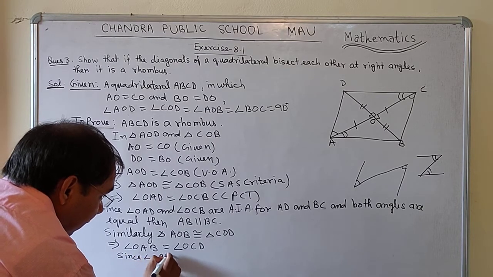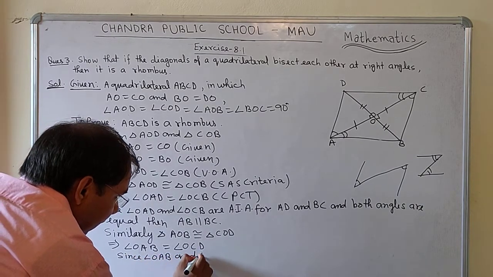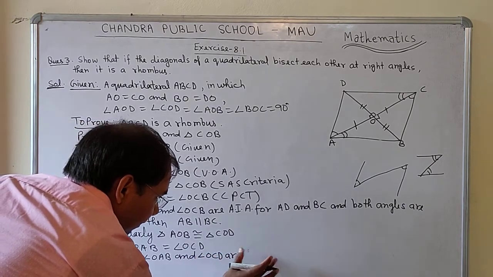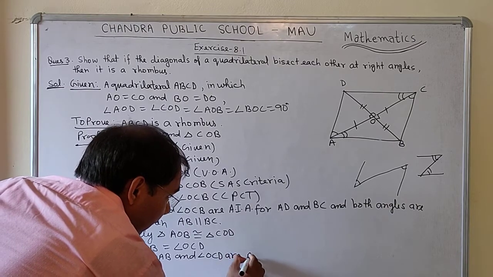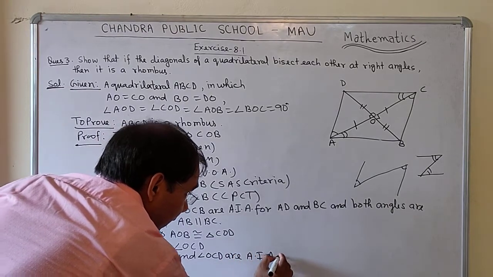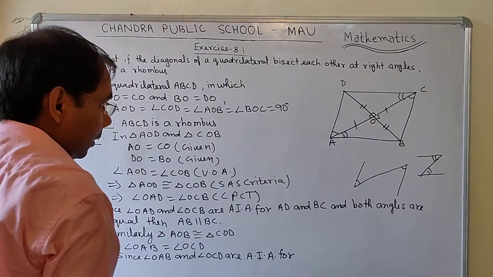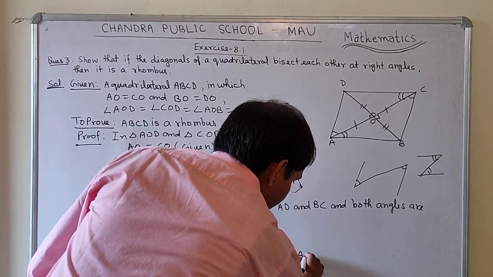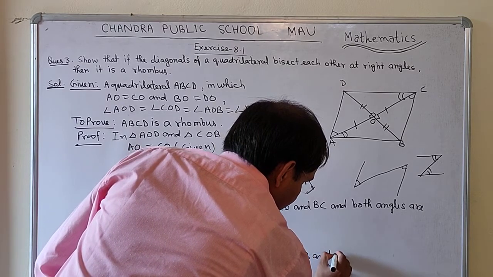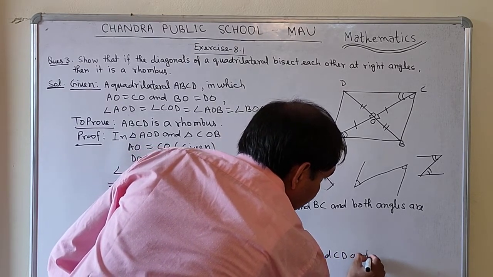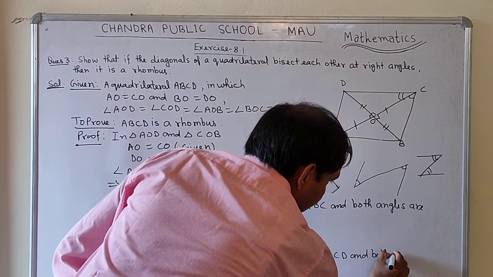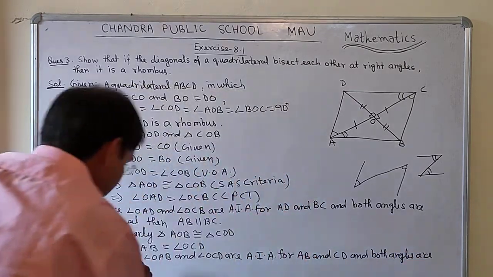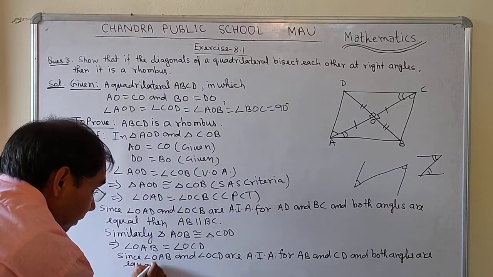Angle OAB and angle OCD are alternate interior angles for AB and CD, and both angles are equal.